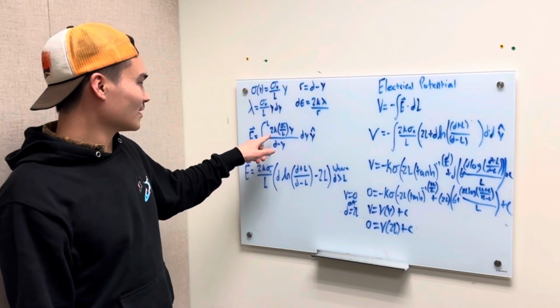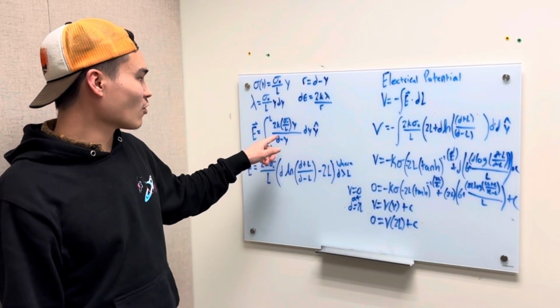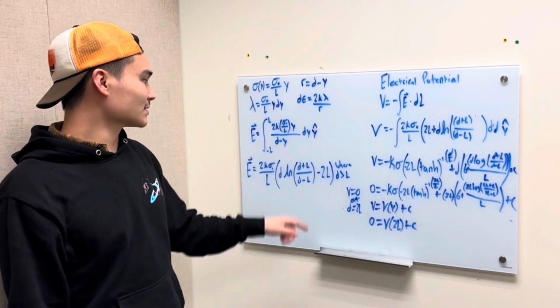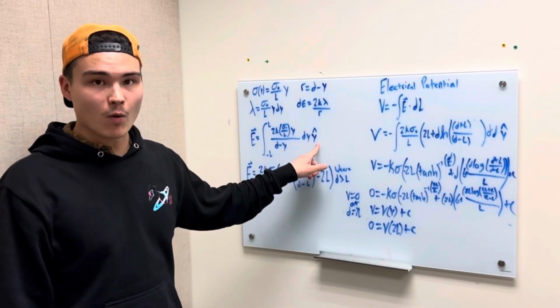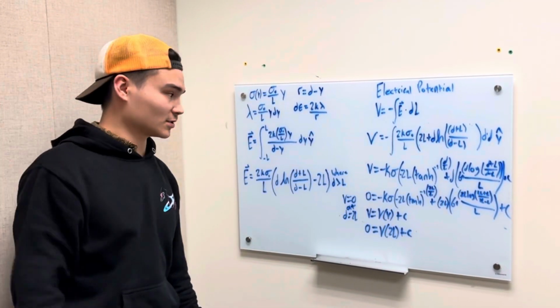So we have 2k times sigma naught over L times y over d minus y, and that's dy in the y hat direction. We're going to integrate up because we want to find everything above the strip.